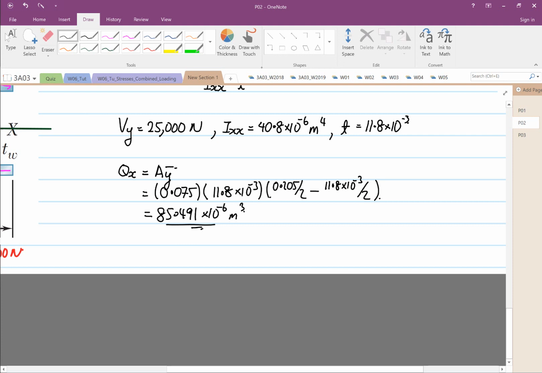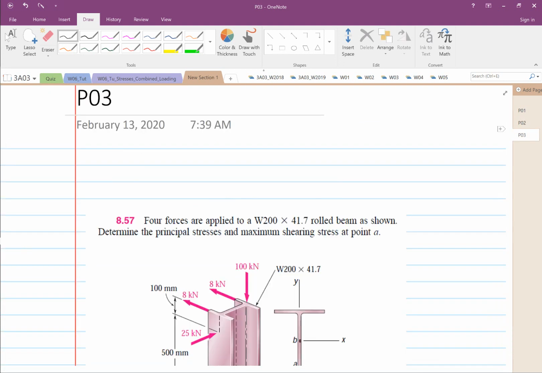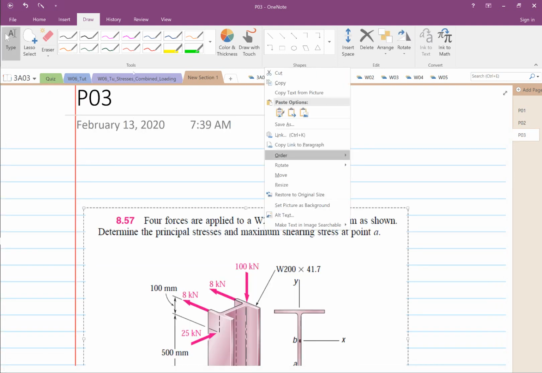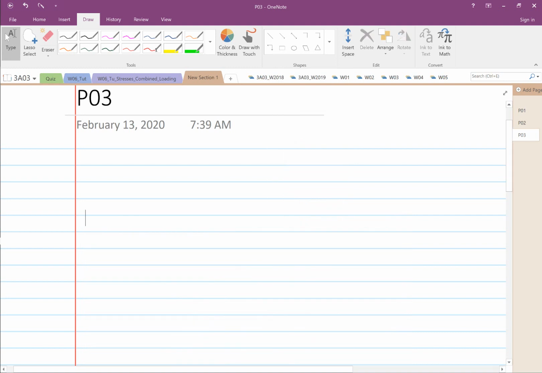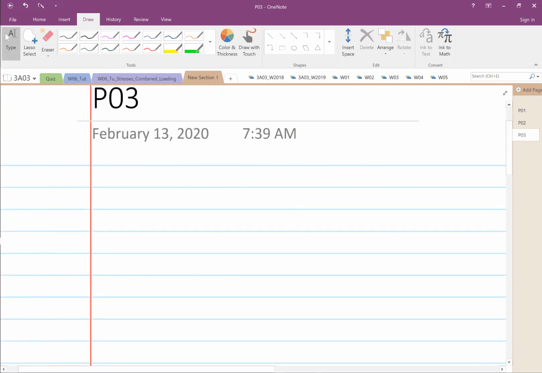So from here you can immediately calculate our shear, shear XZ.